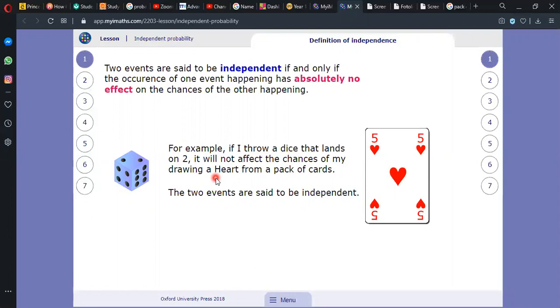They definitely cannot affect each other. They are two separate events that can't affect each other. You can draw a heart from a pack of cards and even throw a 2 on a fair dice without affecting each other. So the two events are said to be independent. All right?